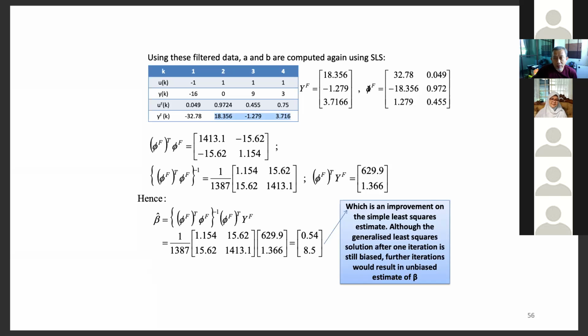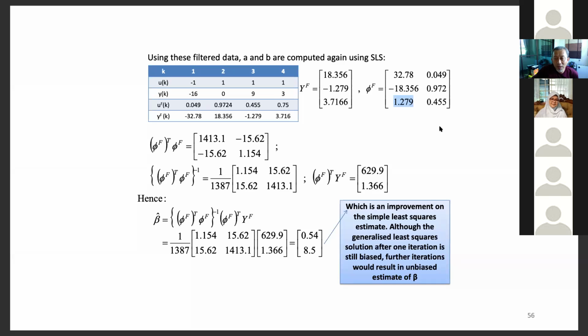Then theta F is minus yk plus uk. So in this case, minus 32.78, minus 18.356, minus 1.279, so it will become 1.279 because the equation has minus yk.